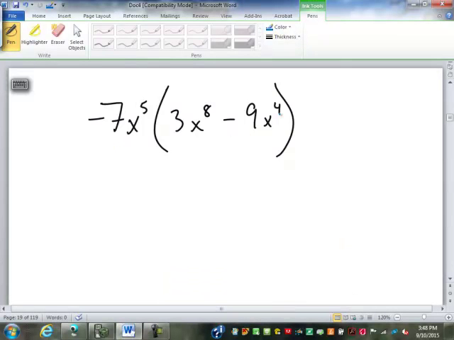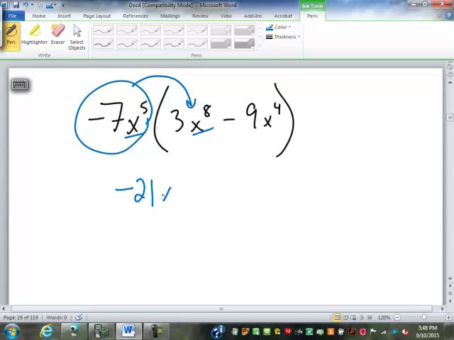So again, there's nothing to do inside the parentheses. But what we can do to the parentheses is multiply by a negative 7x to the 5th. So negative 7x to the 5th times 3x to the 8th. Negative 7 times 3 is negative 21. X to the 5th times x to the 8th, x to the 13th.